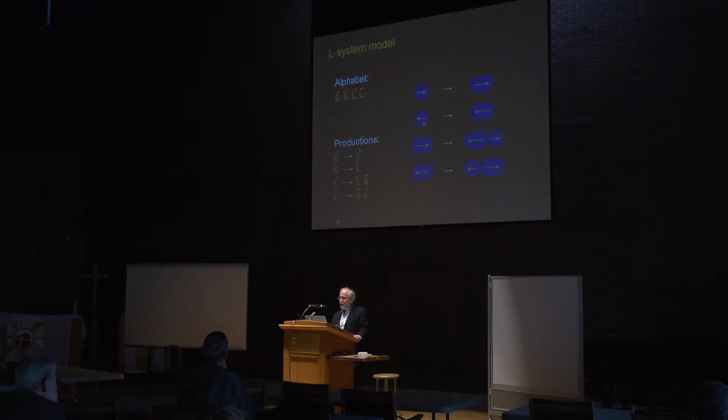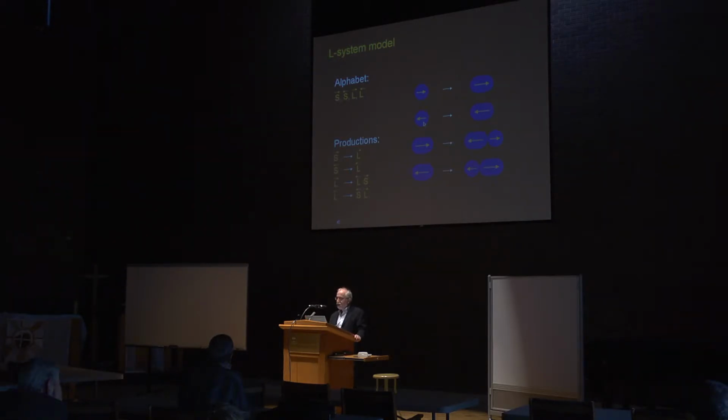And this is not unlike, let's say, the better known Chomsky grammars, which also have productions which operate on letters and produce strings of letters, except that in the case of L systems, productions are applied in parallel. And this parallelism is justified by the fact that time goes on everywhere. So consequently, we have to progress with productions everywhere.